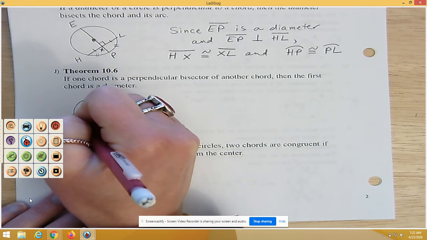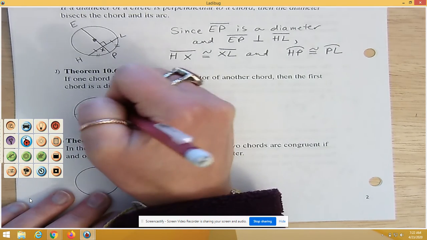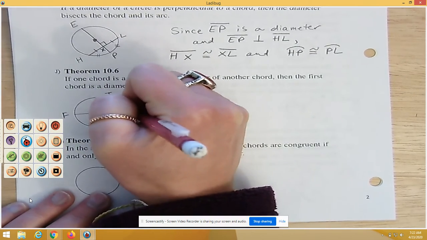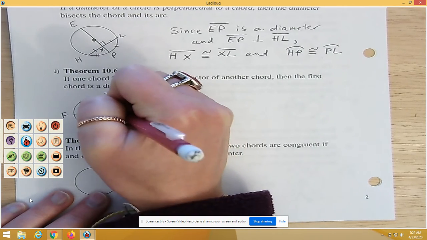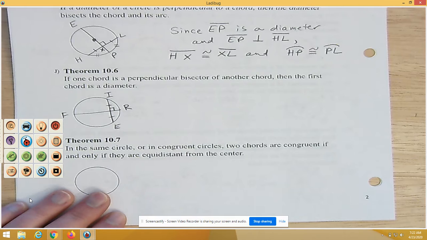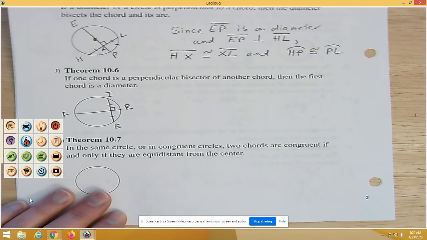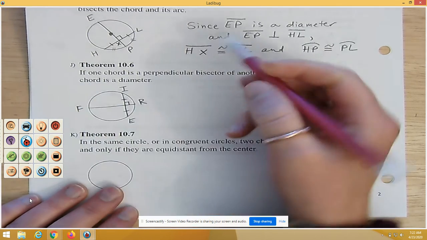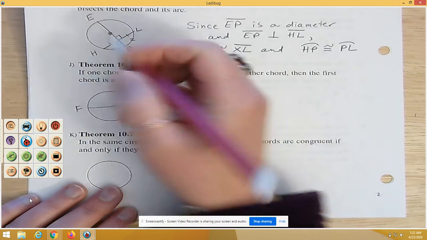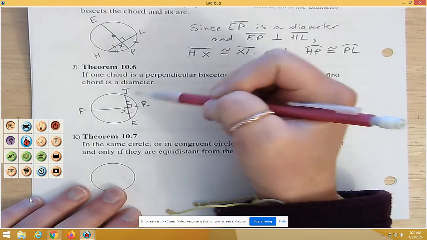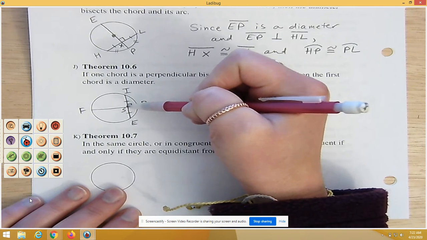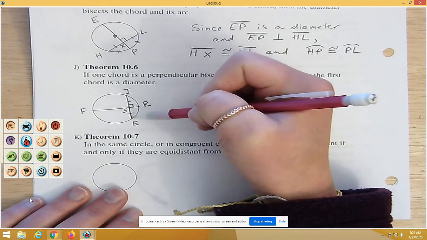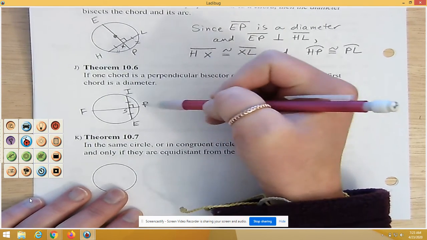So if I have this particular diagram and I have F, I, R, E, and I know that those are congruent and that's a right angle, if you had this exact diagram where you had this chord and another chord and this length here, and I put an S there, segment IS is congruent to segment SE, and chord IE is perpendicular to chord FR.